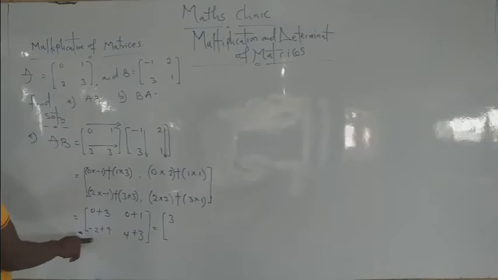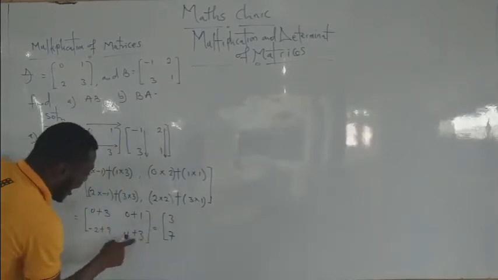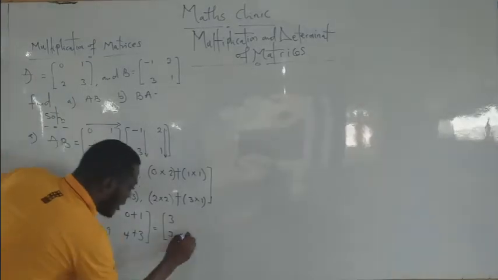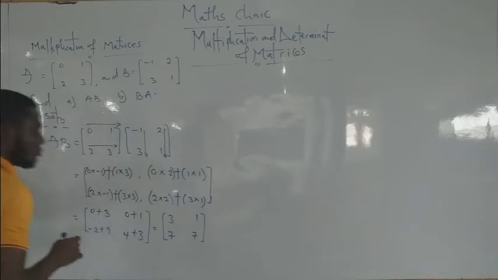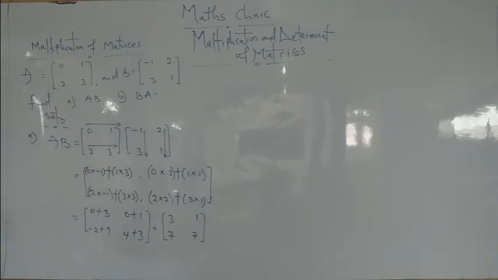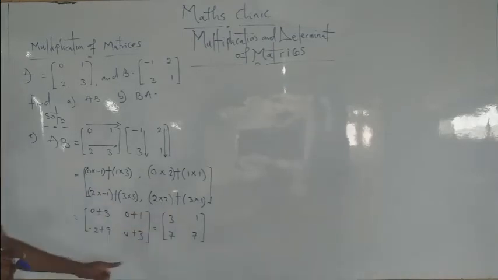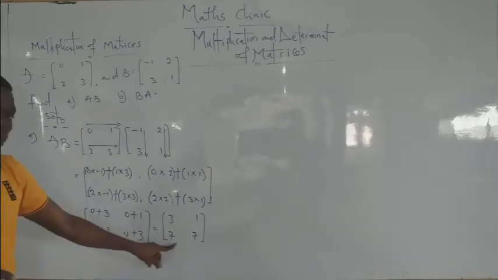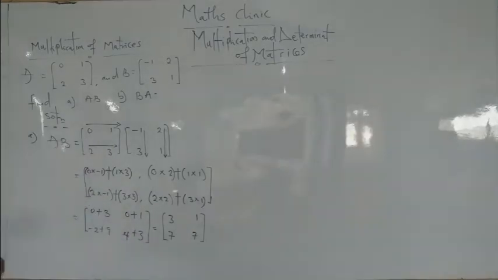Don't forget that, plus 7. It's the same thing as 9 minus 2, that's 7. This is what we call multiplication of matrices. You understand that? 0 plus 3 is 3. 0 plus 1 is 1. Minus 2 plus 9 is 7. 4 plus 3 is 7.